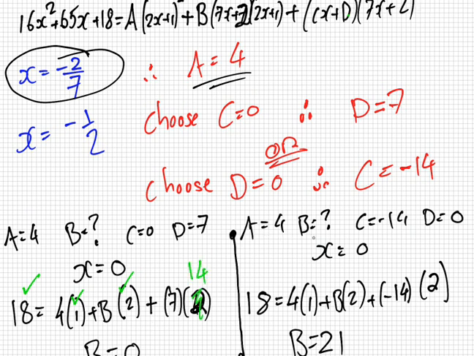And then if I put in X is 0 here, that's 18. That's right. This one here is 4. B we don't know, that's a 2. And then C is minus 14. D is 0. But the X is 0, so it's just 0, 0. Oh, so that's gone. Sorry. D is 0.